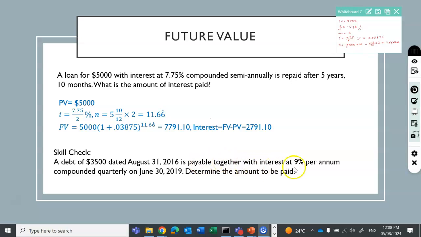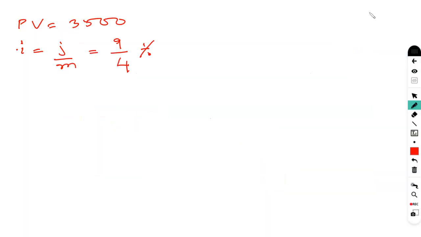Right, the second example is for you to calculate. A debt of $3,500 dated August 31st, 2016 is payable together with interest at 9% per annum, compounded quarterly, on June 30, 2019. Determine the amount to be paid. So we can write the present value as 3,500. i, that is the periodic rate of interest, is equal to the nominal rate of interest over the number of compounding periods per year, that is j divided by m.